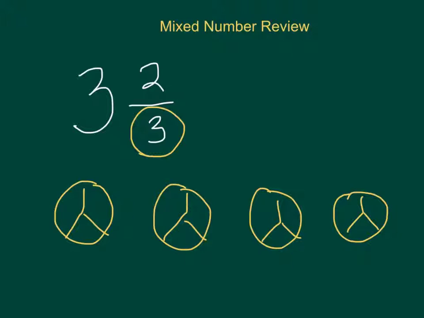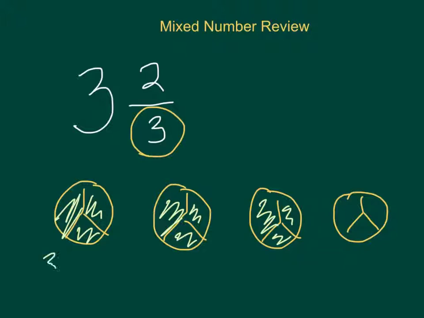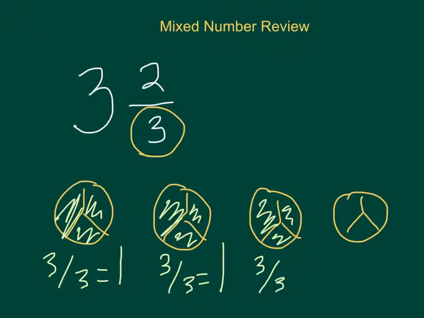So then I will show that I'm representing the whole number by 3 out of 3 of each of these models filled in. So this is 3/3 or 1 whole. This is 3/3 or 1 whole. This is 3/3 or 1 whole, and that's where I'm getting my 3 from.